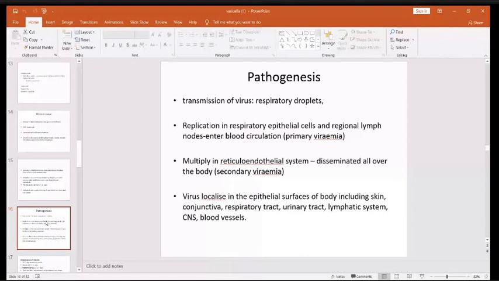And if you can find Koplik spots, then even before the appearance of the rash, you can think that the child is having measles. So this is one of the pathognomonic findings of measles. In this photo, you can see in the buccal mucosa a whitish or bluish spot which is surrounded by a reddish area.